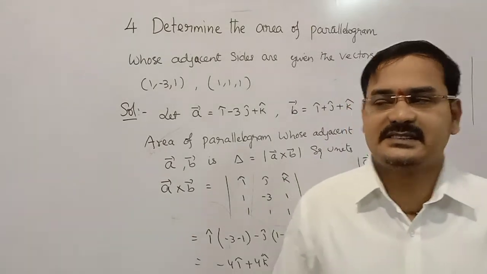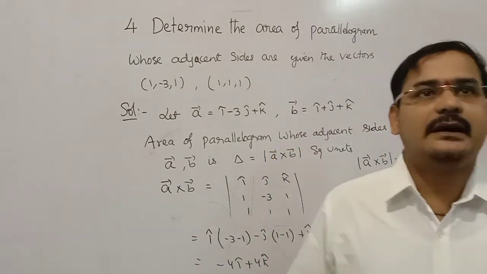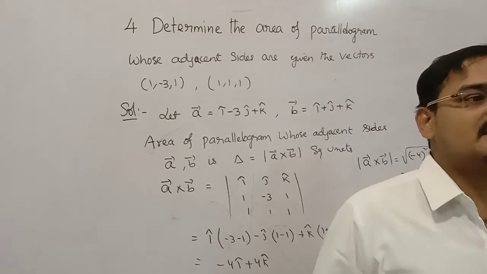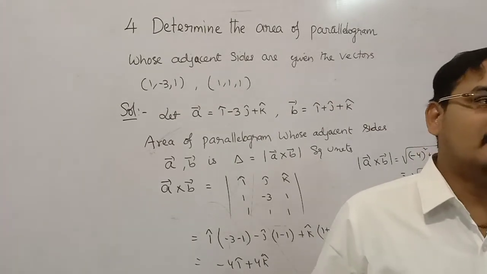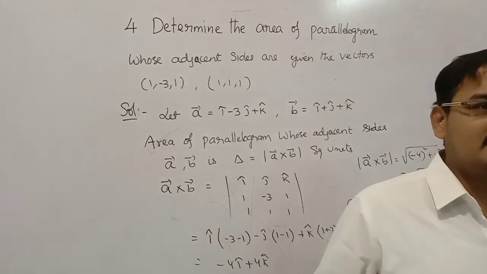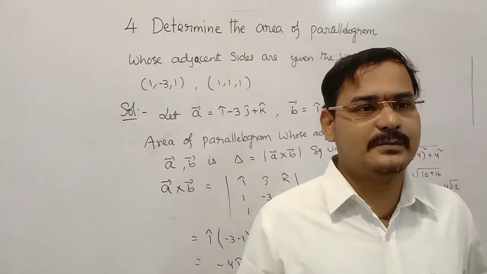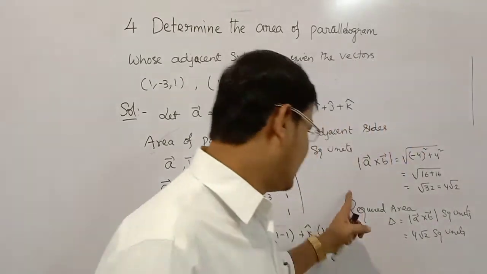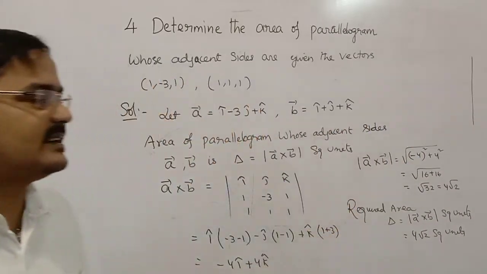Just recall once. If he gives the vectors A bar and B bar and asks the area of the parallelogram, meaning adjacent sides, take A bar and B bar and find A bar cross B bar. After that, find its magnitude, and that is the required area.